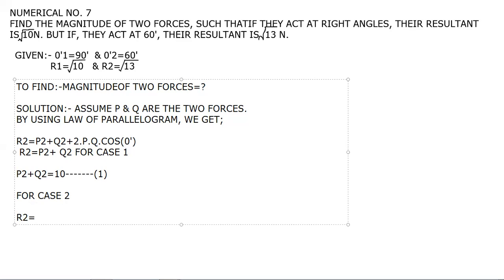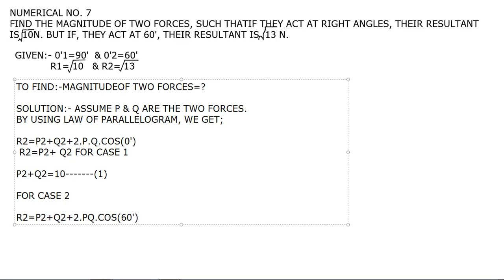Okay. Now after that, for case 2 or condition 2, we'll get R square is equal to P square plus Q square plus 2PQ cos of 60 degrees, and cos of 60 degrees is equal to sine of 30, and sine of 30 will be equal to 1 by 2.